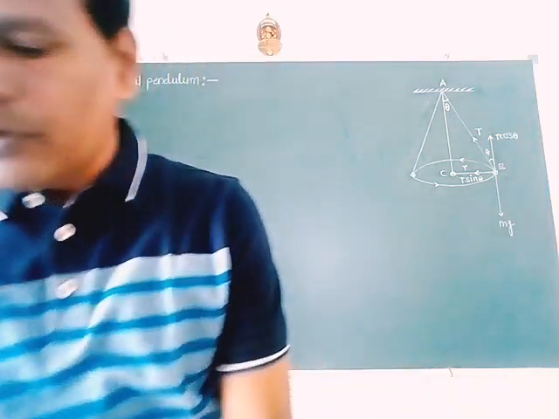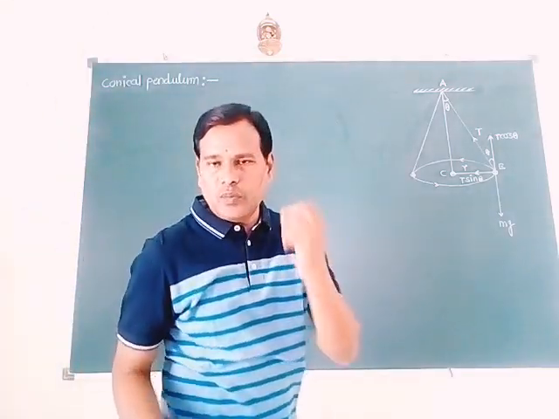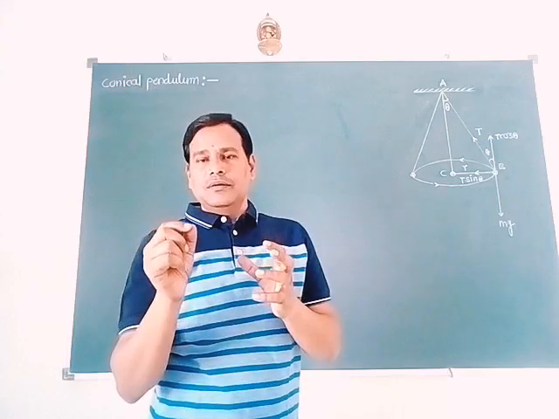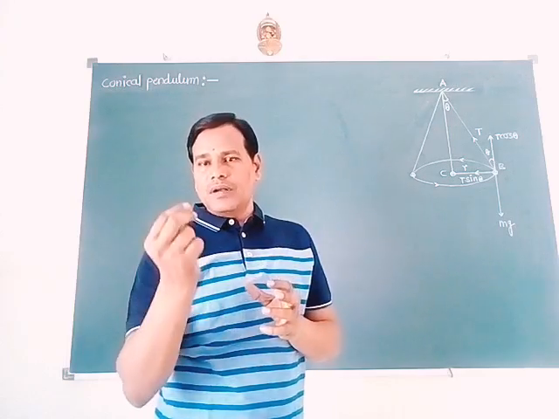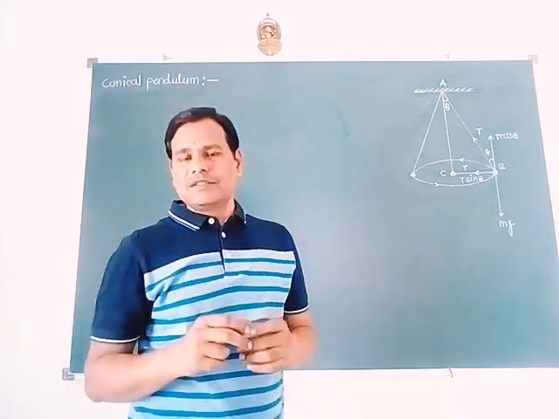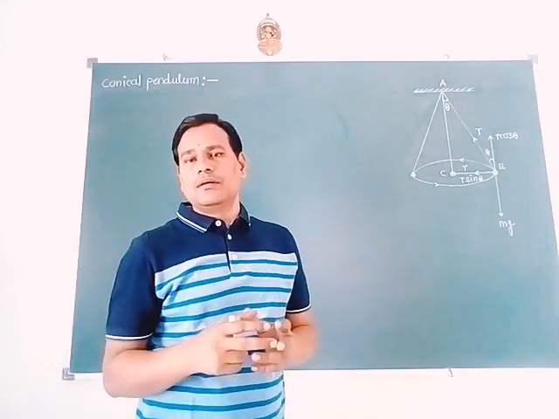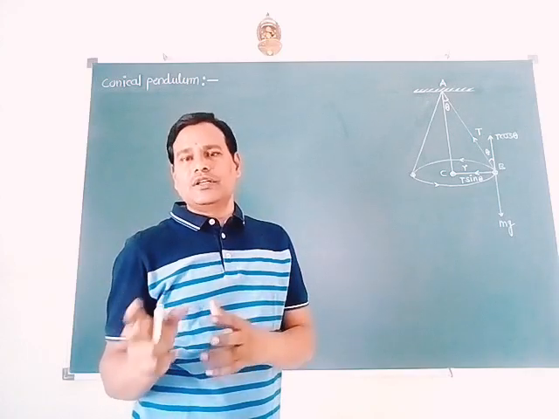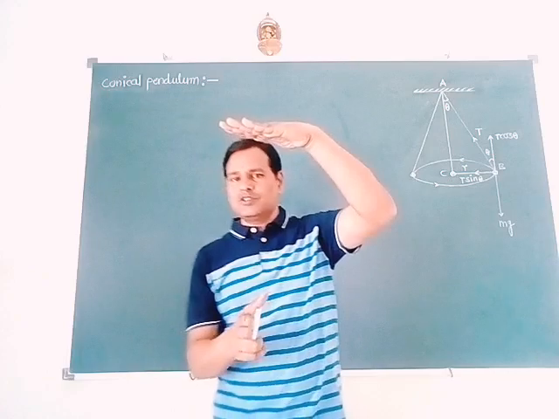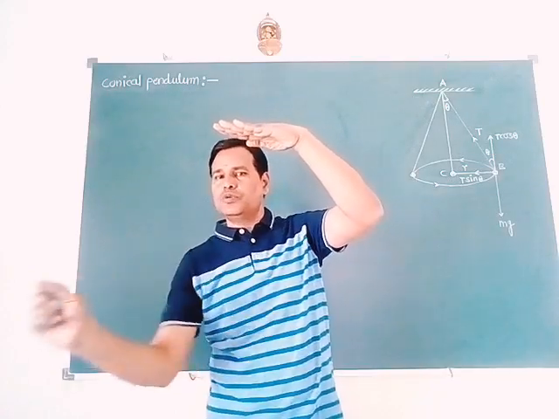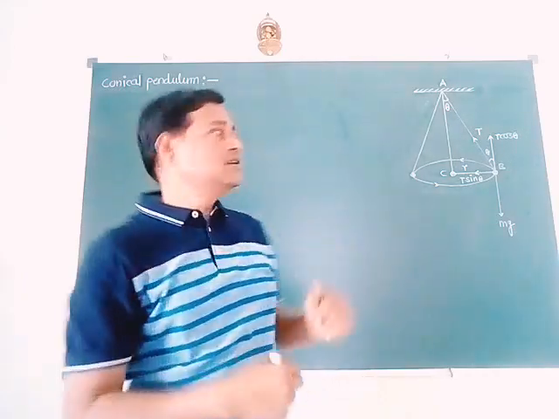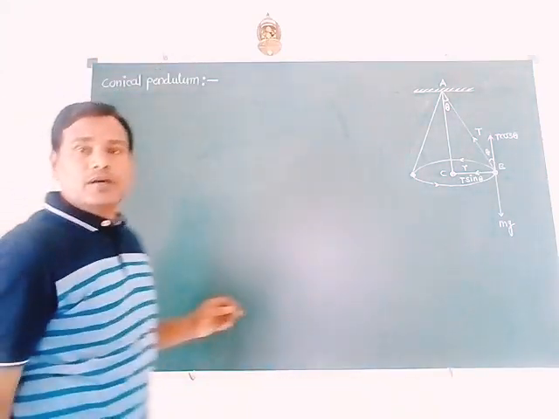So what is a conical pendulum? A metal bob, a point mass, fixed to one end of a light, massless, weightless, flexible, inextensible string from a rigid support, and when that pendulum is displaced to one side and given a push in the horizontal direction, it traces a cone shape in space, and that is why it is called a conical pendulum.